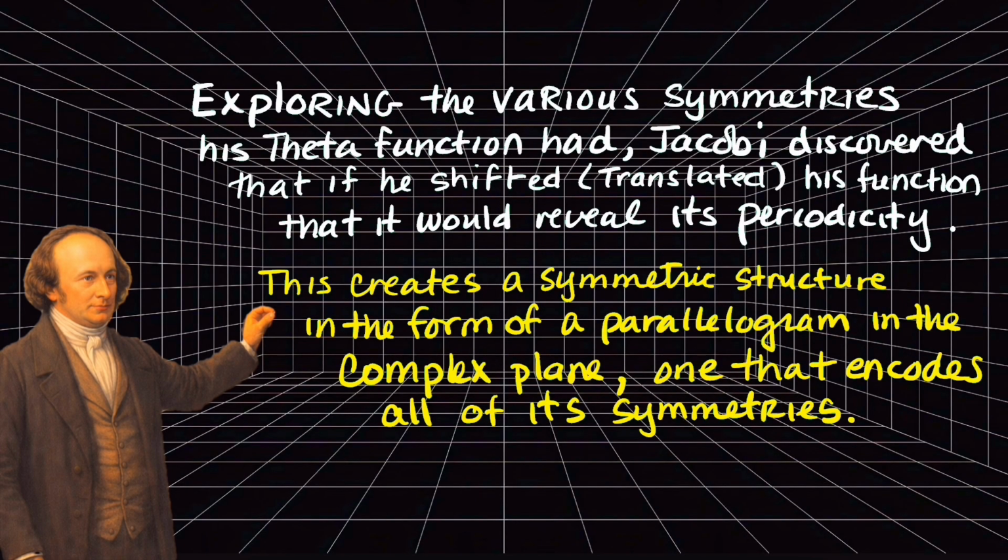By exploring the various symmetries of his theta function, Jacobi discovered that if he translated his function, that would reveal the periodicity of the function, and this creates a symmetric structure in the form of a parallelogram in the complex plane, one that encodes all of its symmetry properties.